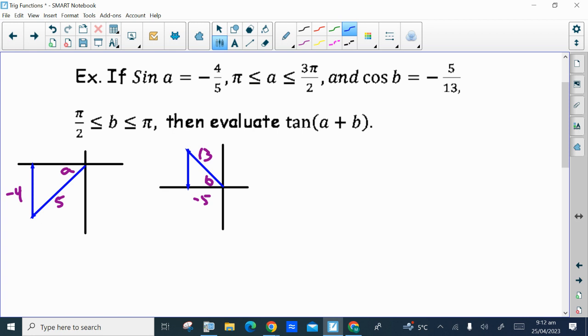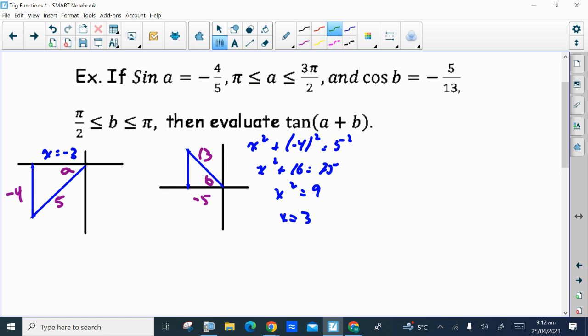So in the first triangle, if we want to find out what x is, it'll be x squared plus negative 4 squared must equal 5 squared. So x squared plus 16 equals 25, x squared equals 9, and x equals 3. But in this case, it'll be negative 3 because we're going left from the origin.